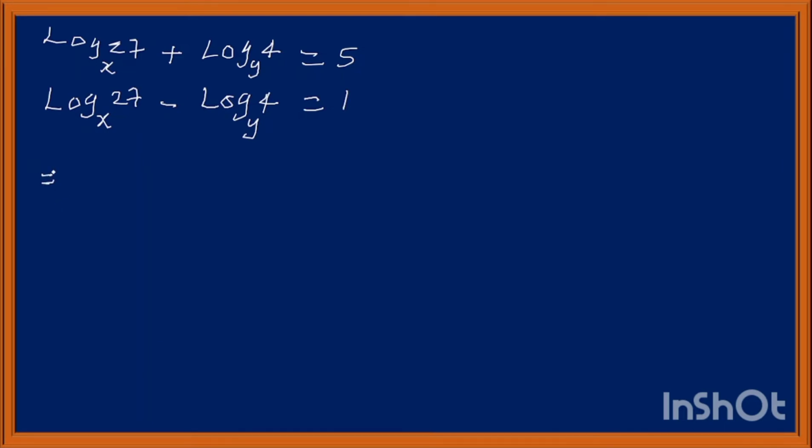Let's say that the log of 27 base x is equal to p. And let's say that the log of 4 base y is equal to q.